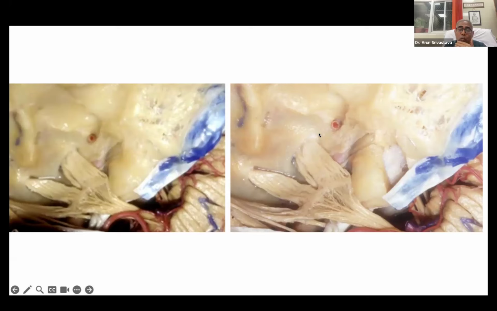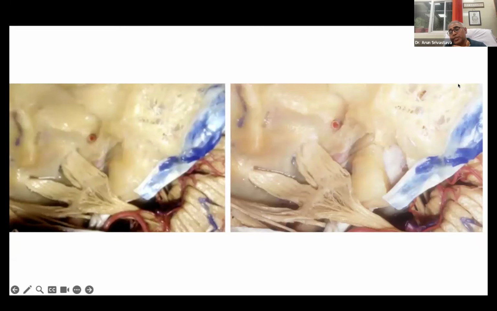Here, in moderate to large size tumors, most skull-base surgeons prefer to open or dilate this foramen ovale for mobilization of the mandibular division of the fifth nerve. That will help, and that will be discussed by Dr. Suri and Gupta sir.